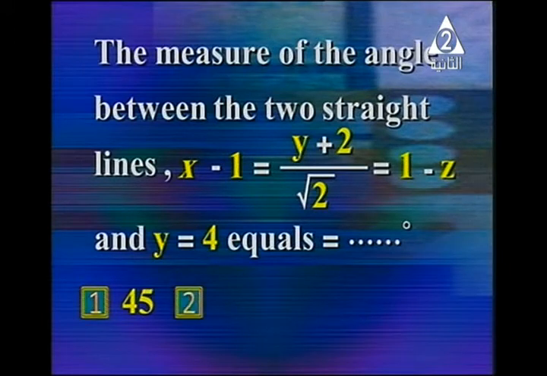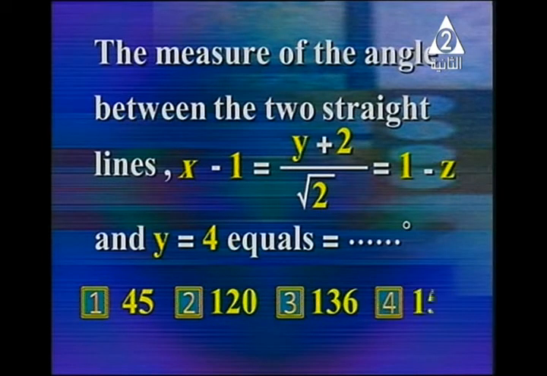Is 45, 120, 136, 106, 150? At first, d1 is negative 1, 1, 0. This is d1, or the slope of the first. The direction of the second, d2, is 0, 1, negative 1.